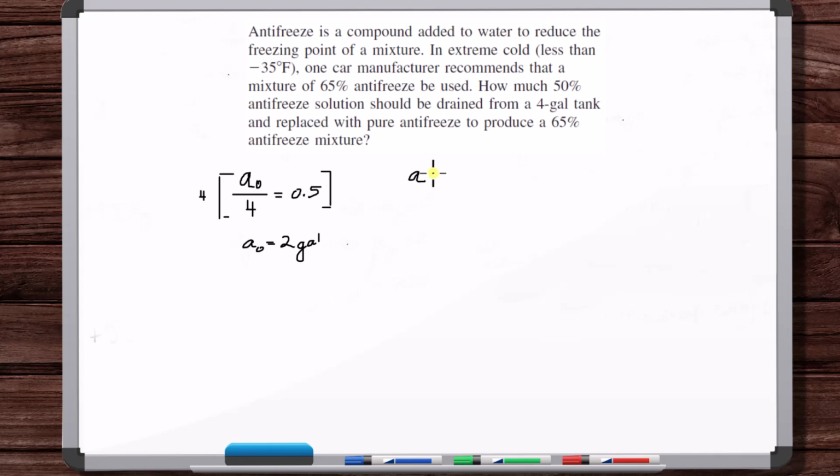Wait, we start with 2 gallons of antifreeze. That's how much antifreeze we have. We're going to drain some out and replace it with pure antifreeze. Let me just make sure we have enough room here.